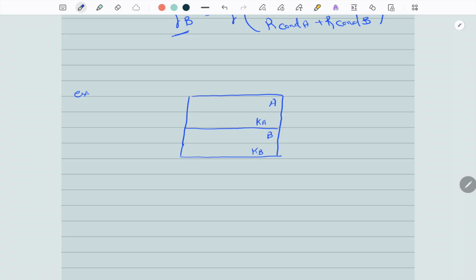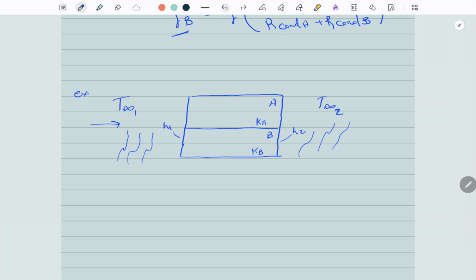And the only difference this time is that there is convection on both sides. The surrounding temperature on the left is T infinity 1. Surrounding temperature on the right is T infinity 2. We also have a convection coefficient on both sides. Heat is flowing from left to right.